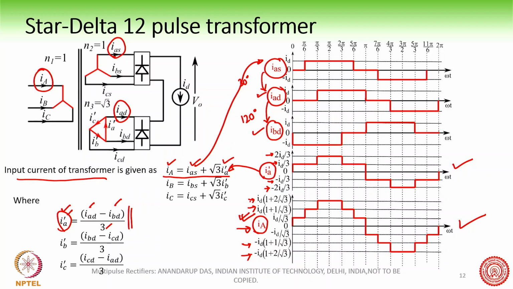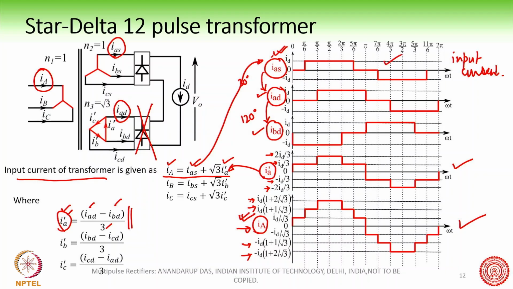This waveform is completely different from this IAS waveform. Because of this 12 pulse arrangement, the input current waveform has completely changed. Suppose we had only a 6 pulse rectifier, and we didn't have this arrangement at all, then this was the input current in that case, and this was very rich in harmonics.